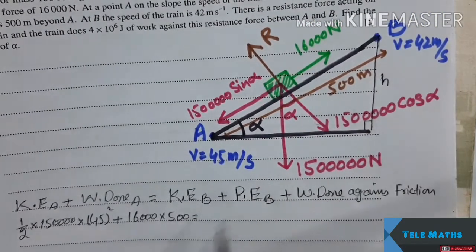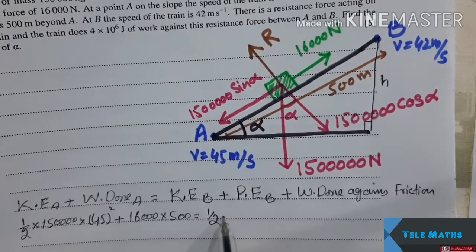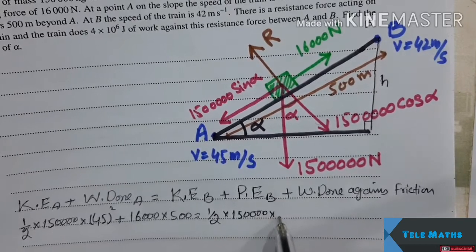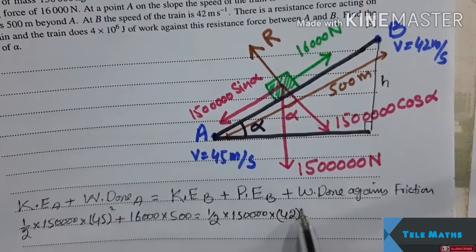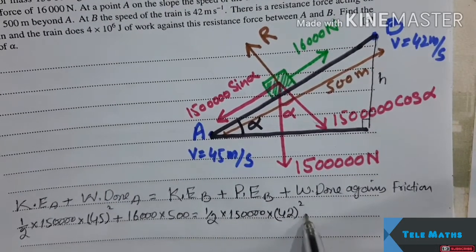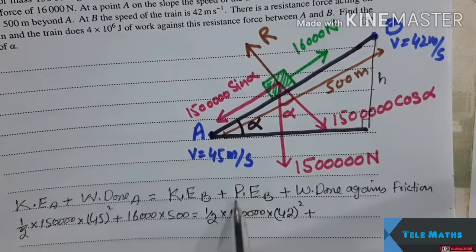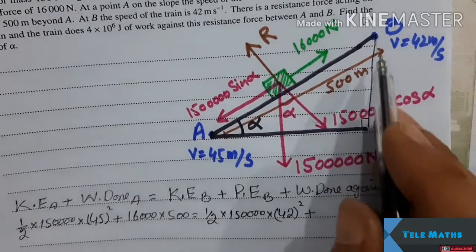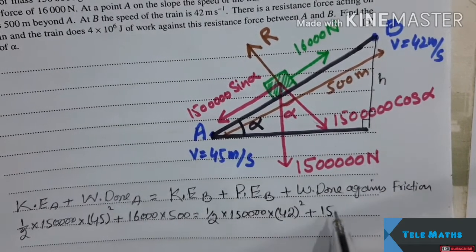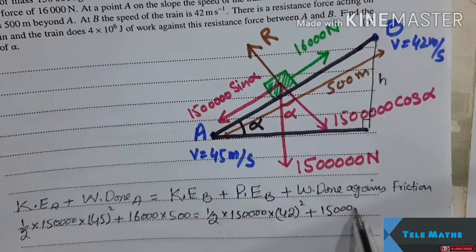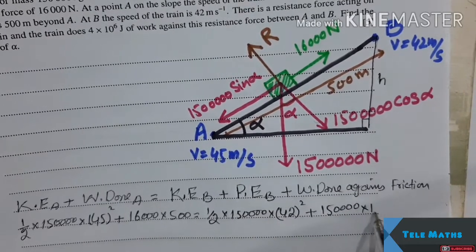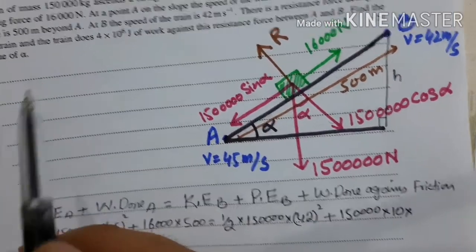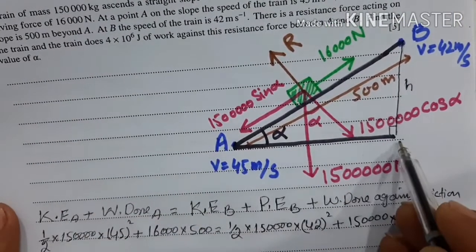The velocity is 42, so 1 by 2 into 150,000 into 42 squared plus potential energy at B. Potential energy at B is mgh. Mass is 150,000, g is 10 and h. We need to find h first. So let's suppose this is C.